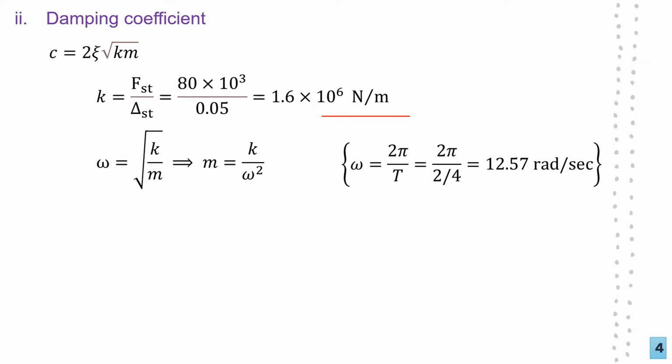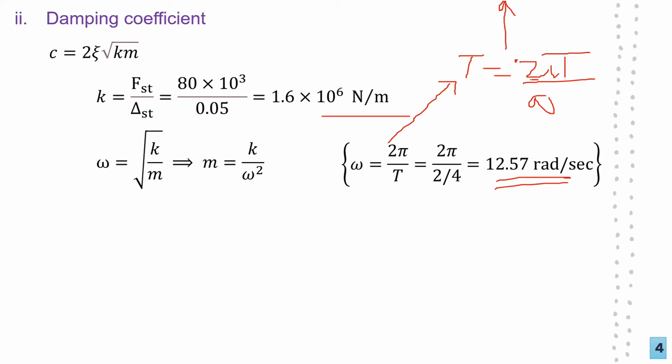The period is equal to 2 pi over omega. This is the relationship between the period and the frequency, and this is in lesson number 2. So we can make omega the subject of the formula, and we get the value as 12.57.